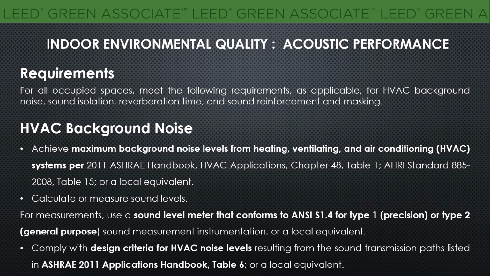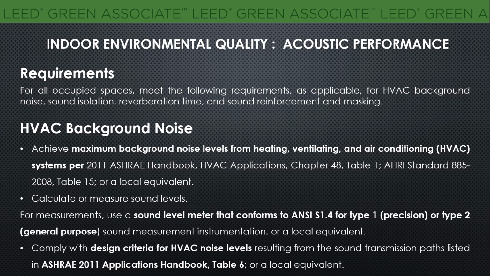HVAC background noise. Achieve the maximum background noise level from heating, ventilating, and air conditioning systems per the 2011 ASHRAE Handbook, HVAC Applications, Chapter 48, Table 1. Then AHRI Standard 885-2008, Table 15, or a local equivalent. Then calculate or measure sound levels.